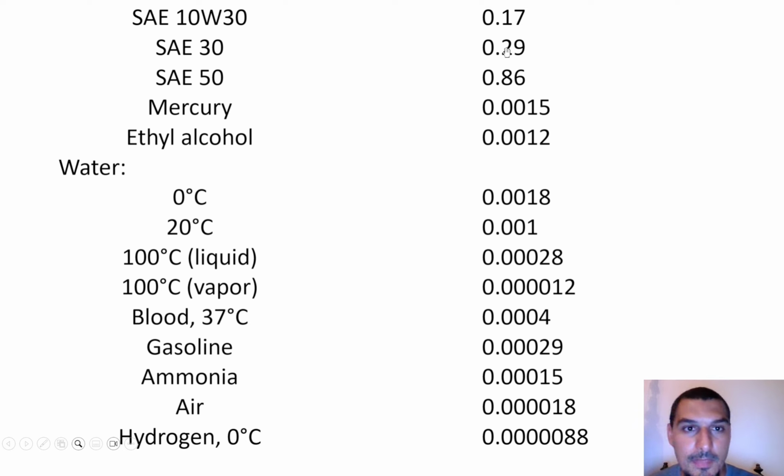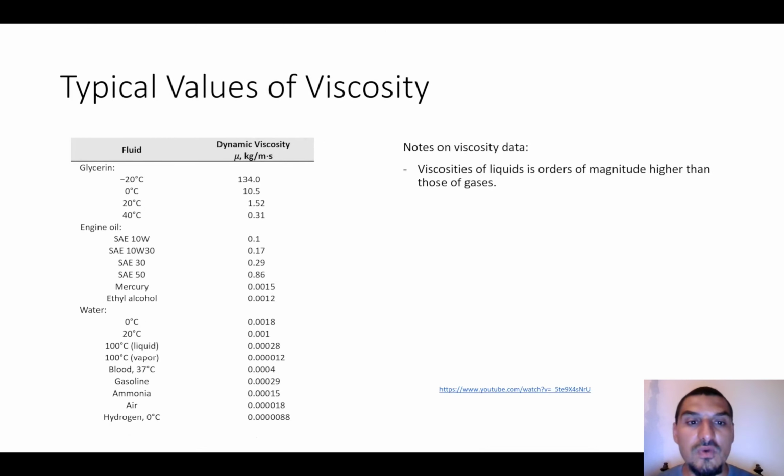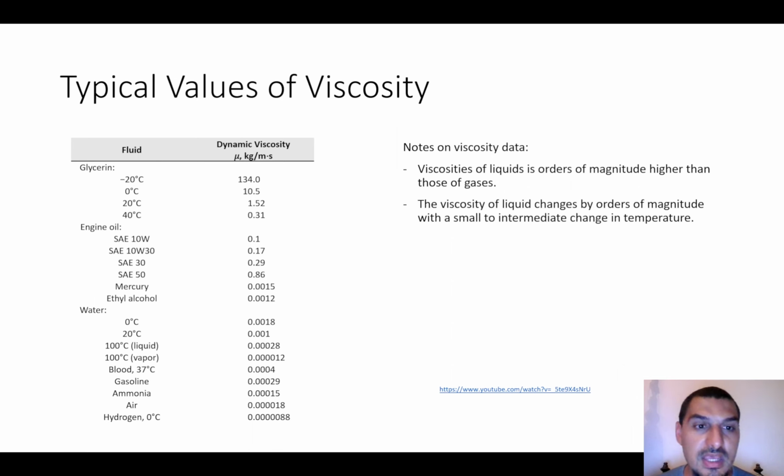These are 10 to the power of minus 1, minus 2, minus 3. Here these are 10 to the power of minus 4, minus 5 and even minus 6. So the viscosity is significantly higher for liquids than for gases. Of course, this is not for all the liquids, but for some liquids, for this order of magnitude thing.